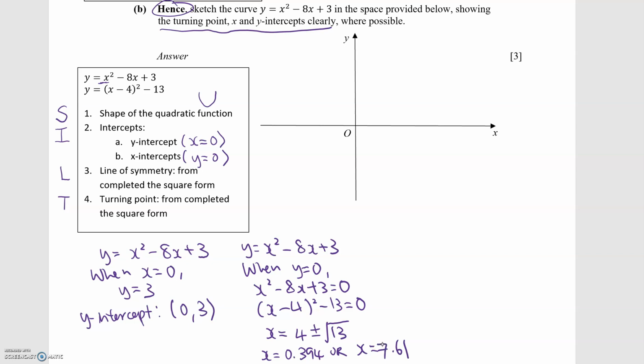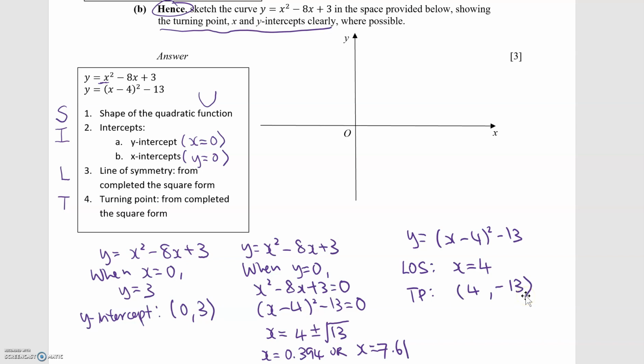The line of symmetry, since my equation is this, my line of symmetry will simply be x equals 4. And my turning point will have coordinates 4, negative 13.